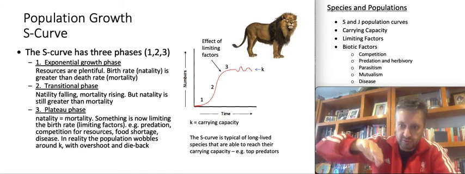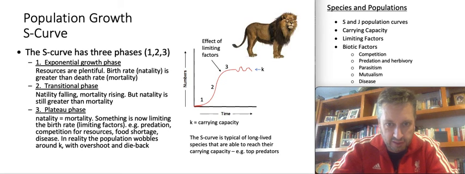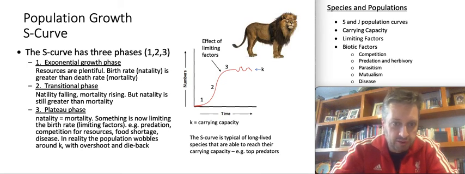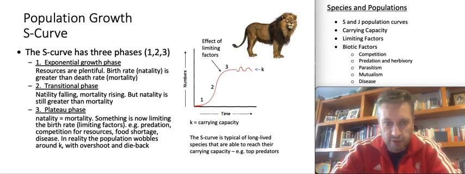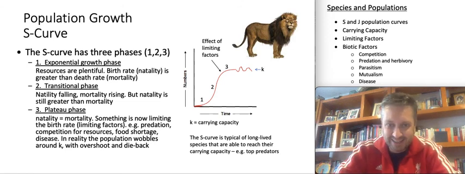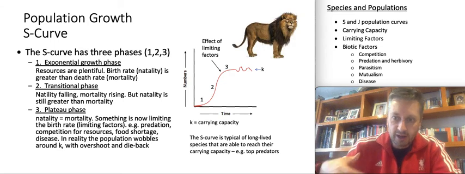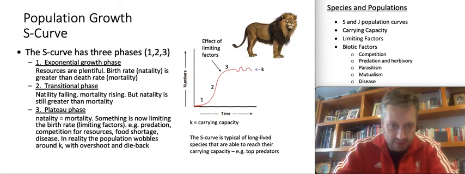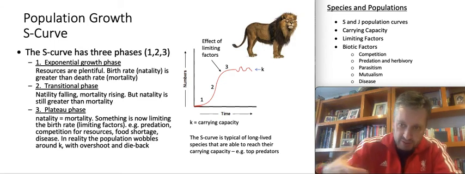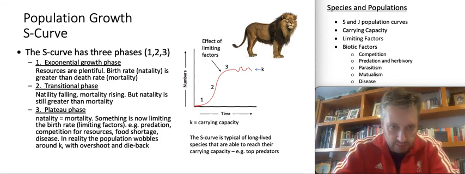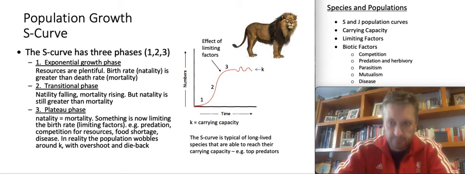So therefore the curve is coming towards flattening out. And then finally part three is the plateau phase, where the birth rate equals the death rate, or in other terms, natality equals mortality. At this point, something is affecting the birth rate, and we refer to that as limiting factors. Those limiting factors are the biotic factors I mentioned before, as I've said here: predation, competition, disease, etc.